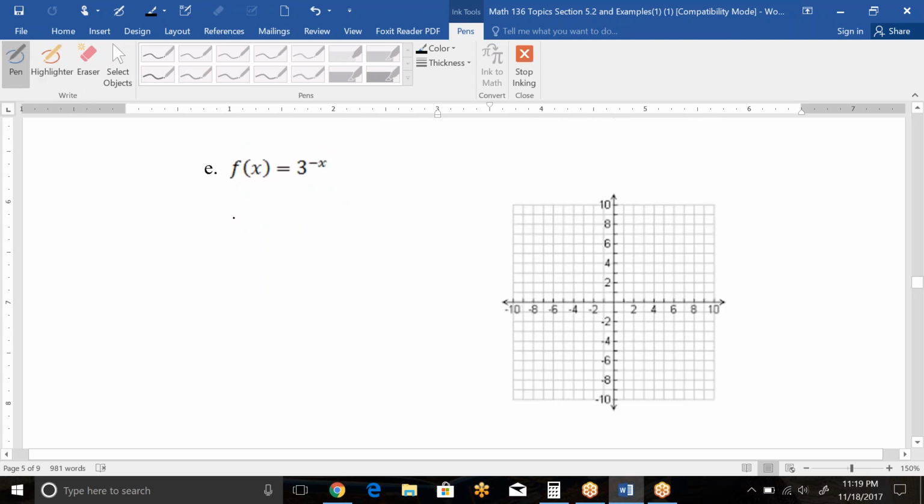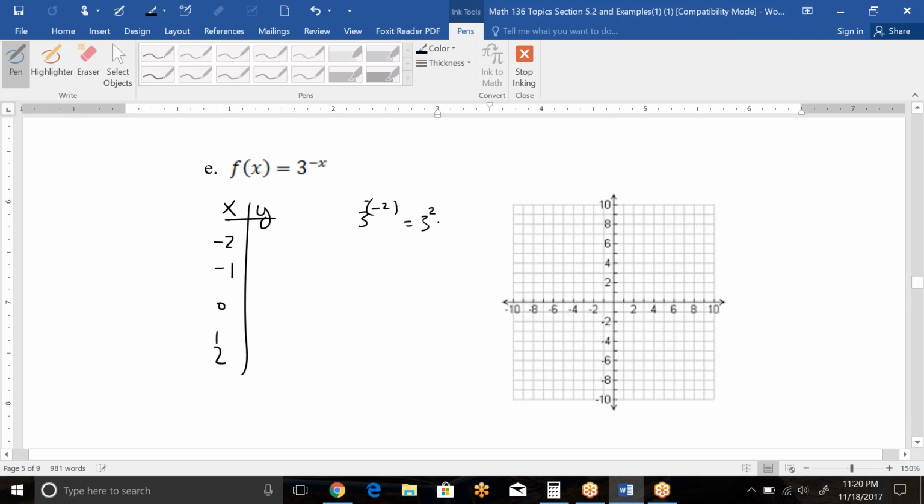And then we have 2 more of these. This is 3 to the -x. So you can still do your -2 to 2 since there's no plus or minus anything there. Because if you solve that, that's still going to be 0. But what you're going to see is this graph's going to go opposite of what we think. This is 3 to the -2.